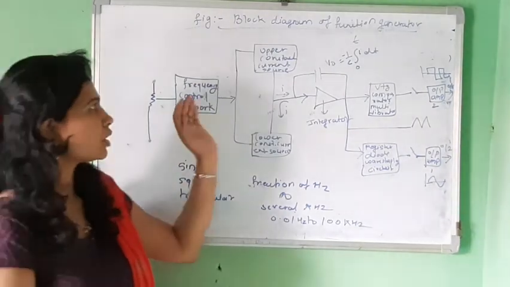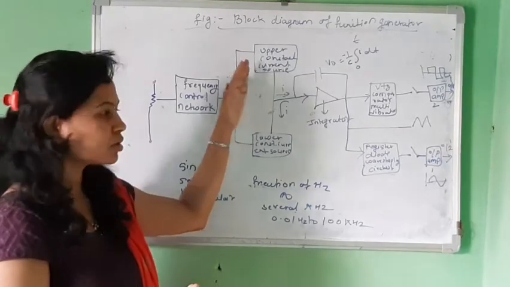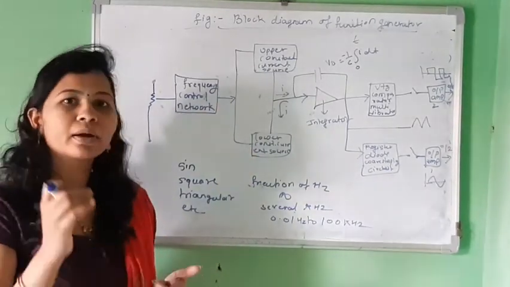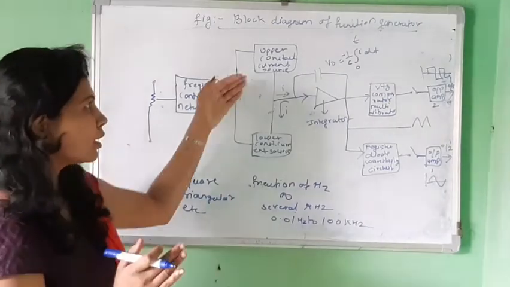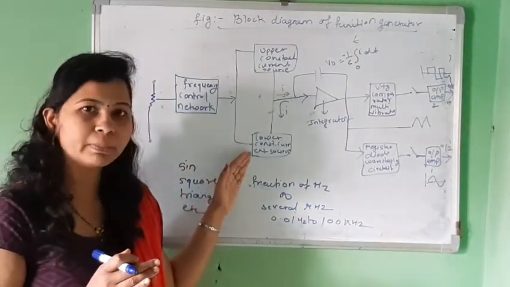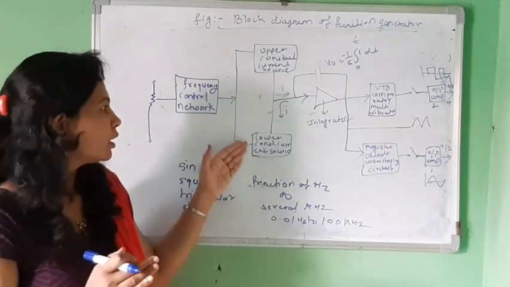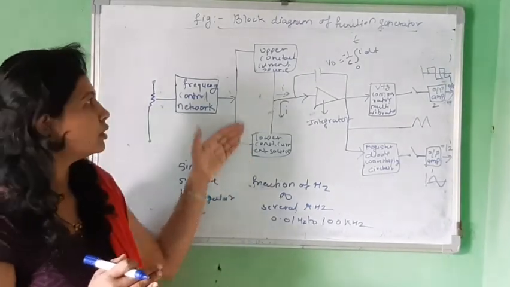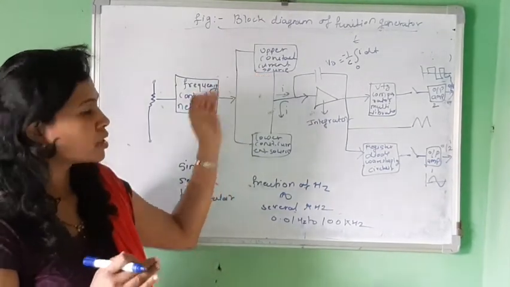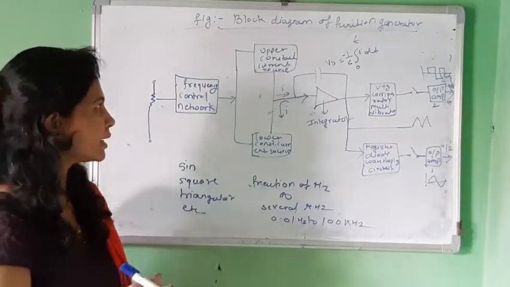Okay, so the upper constant current source and the lower constant current source cannot be on at the same time. When the upper constant current source is on, then the lower constant current source will be off. And when the lower constant current source is on, then the upper constant current source will be off. So how will it happen? Let's see.